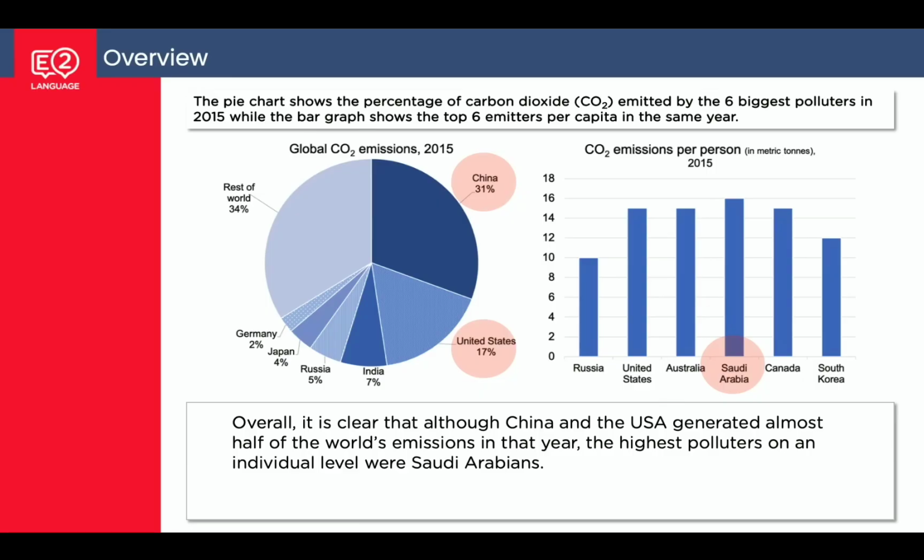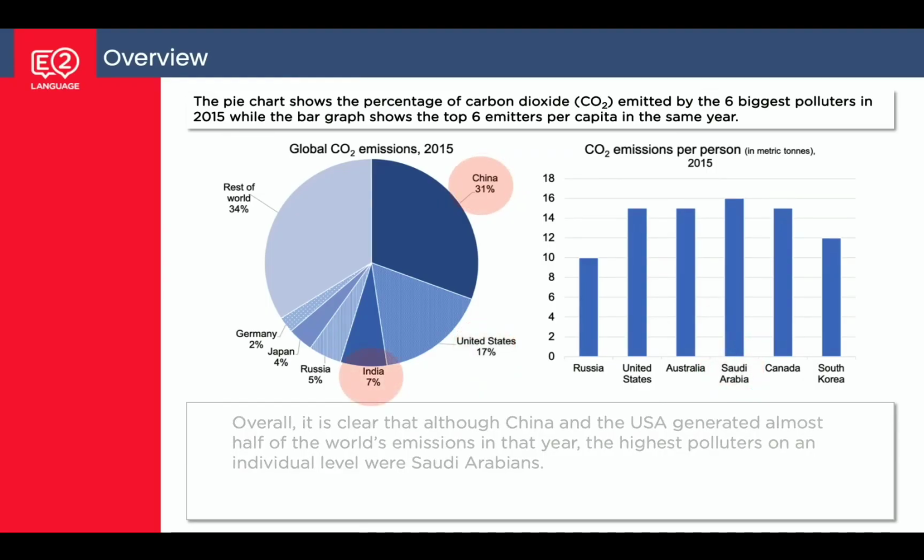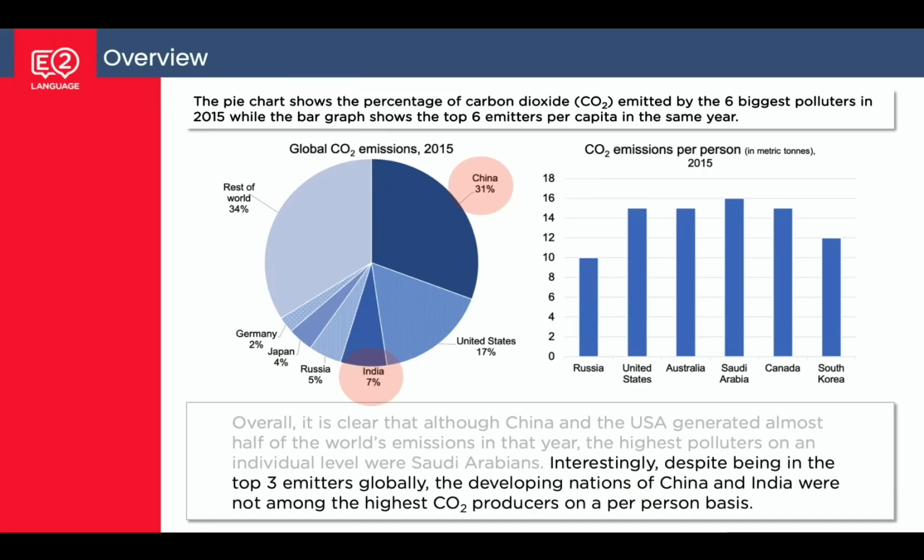I also want to mention here the fact that although China and India were big polluters, they actually were not accounted for in the individual basis or on the bar chart. So interestingly, despite being in the top 3 emitters globally, the developing nations of China and India were not among the highest CO2 producers on a per person basis.